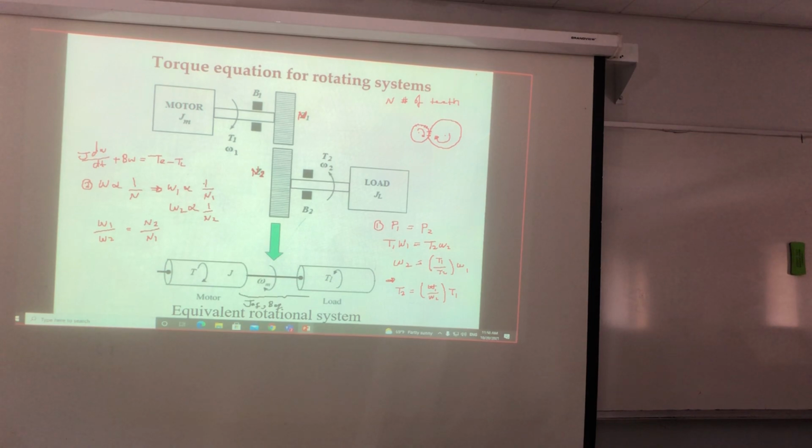Remember, one drive system can drive multiple loads, so maybe I will have not only one gearbox but three. Sometimes I will have more complicated motion: rotating, translating, or translating by rotating, like a screw motion. You know the screw motion?